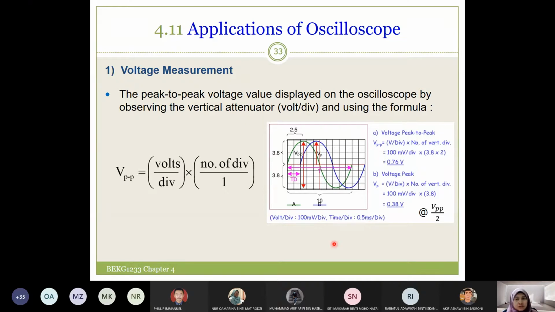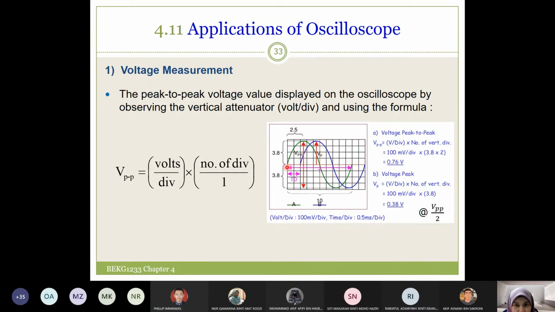Okay, so now what is the value of V peak to peak, voltage peak to peak, of this signal? It seems like the green and blue signals have the same amplitude. Okay, so V peak to peak is measured from the peak, the top, until the bottom. So we just count how many divisions. 3.8 multiplied by 2.